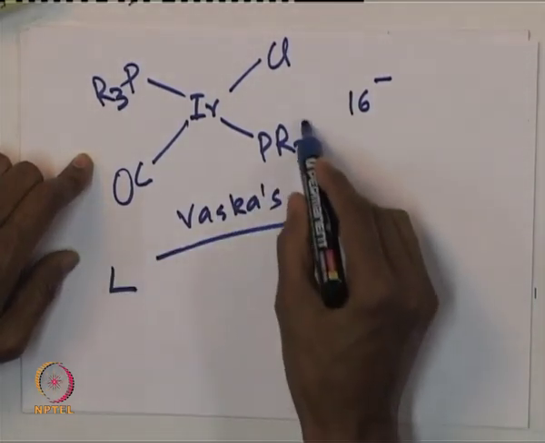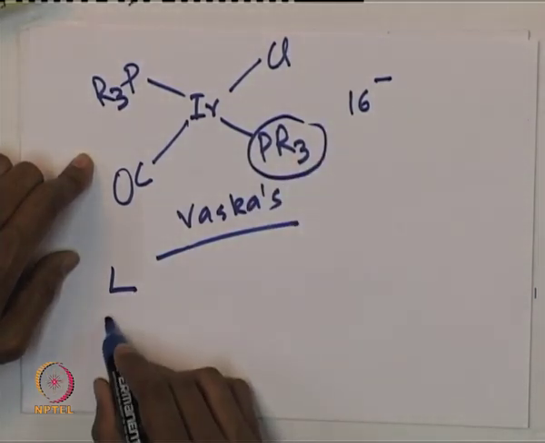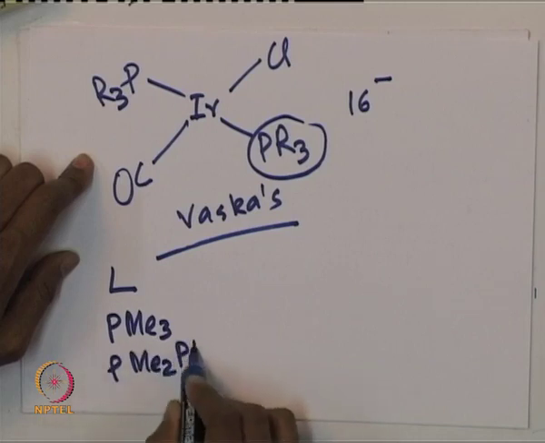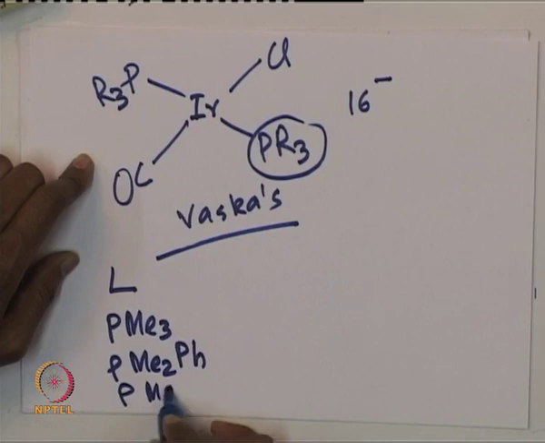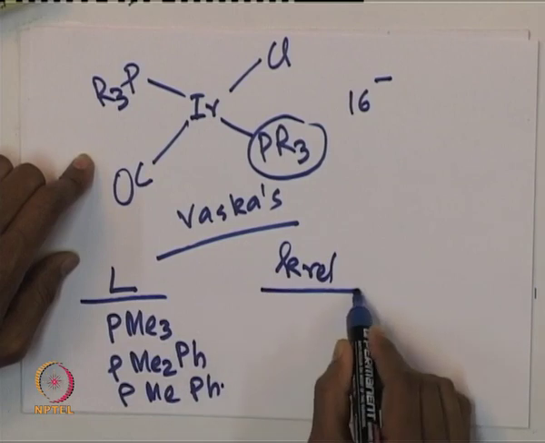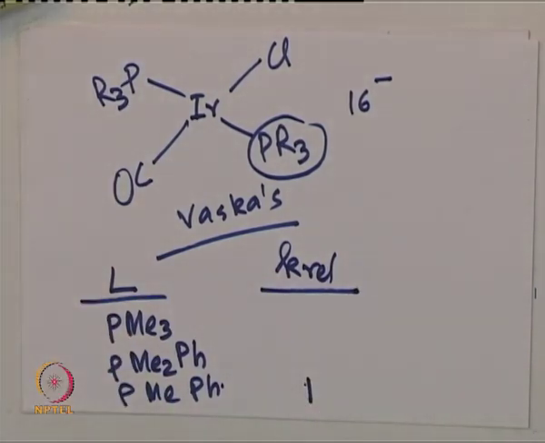If we have various ligands such as PMe3, PMe2Ph, PMePh2, and if we measure the relative rate, this is what a researcher usually looks at as a problem to solve, probing different R to gather information about the reaction.